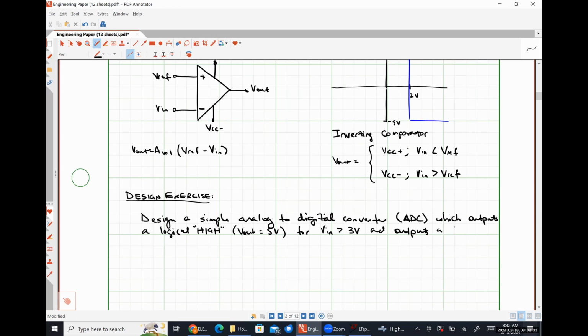And outputs a logical low, where V out is equal to 0 volts, for Vn less than 3 volts. So this is actually pretty similar to how the Arduinos you guys used in the 120 series, how its analog to digital converter works.